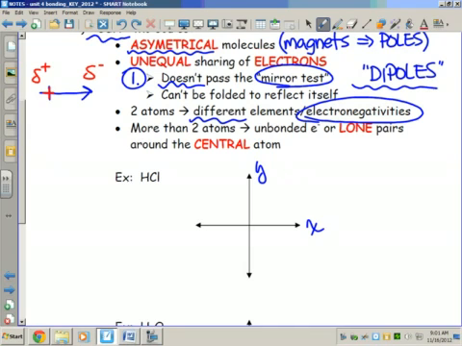It's asymmetrical. So that's the first way we identify a polar molecule. The second is even if it seems to pass the mirror test, if there are more than two atoms and the central atom has lone pairs, that's also an indication it is polar.